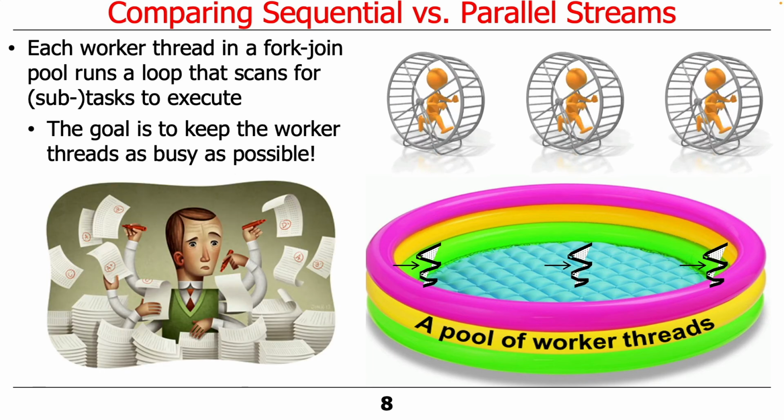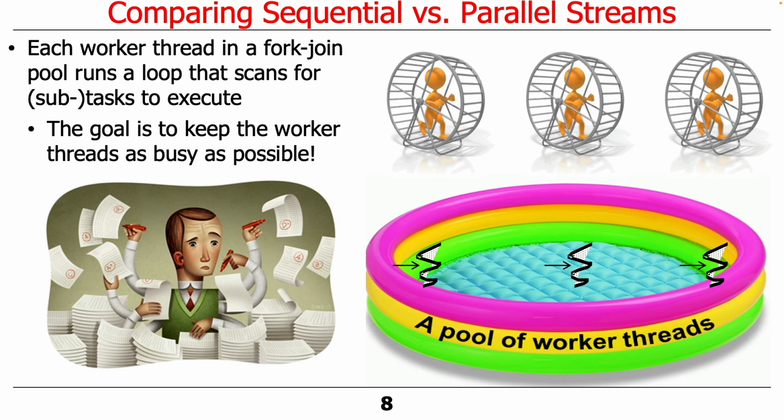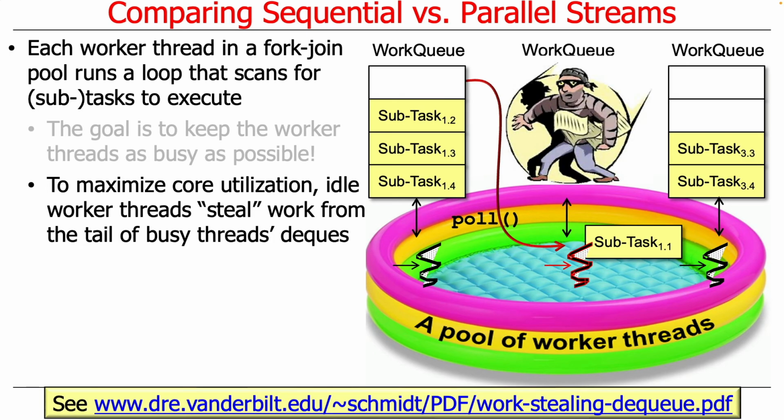For now, just think of it as a bunch of threads that are out there running, looking for work to do. The goal in the fork-join pool, and parallel streams for that matter, is to keep things humming along and keep the worker threads as busy as possible. The goal is to maximize utilization of the underlying processor cores. The way it does this is by using something called a work stealing algorithm.